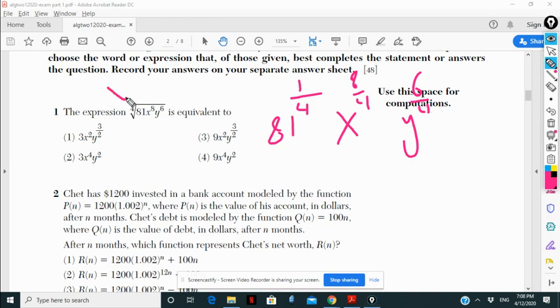So I use the index like a denominator for the exponent. Now 81 to the power 1/4 is 3. x to the power 8 divided by 4 is x squared. And the simplest fraction of 6 over 4 is 3 over 2. So the answer should be number 1.